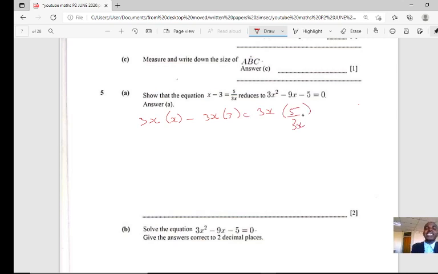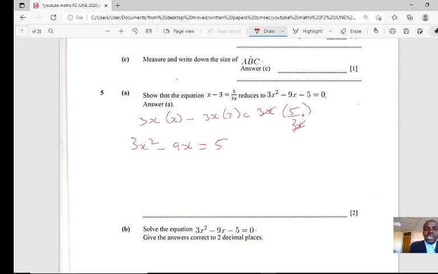As I said, you multiply everything by the lowest common multiple of the denominators. So 3x times x is 3x squared, minus 9x, is equal to 5, because the 3x and 3x cancel out.